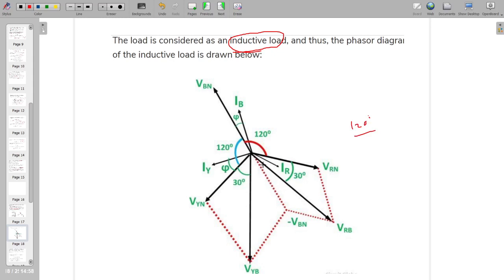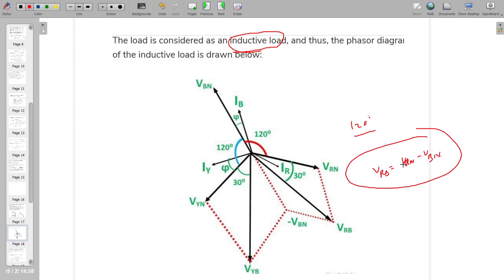So here it is. VRB is the sum of VRN minus VBN, for the first wattmeter voltage.